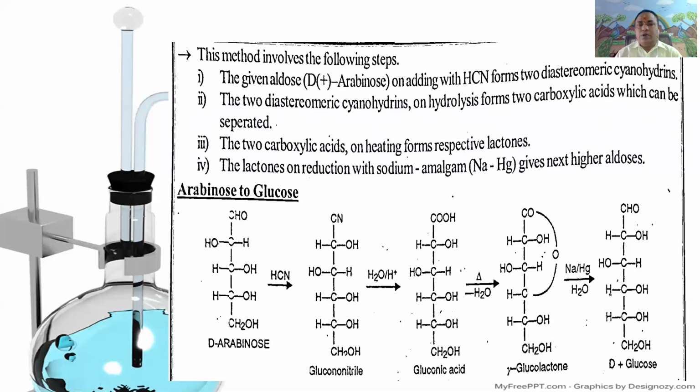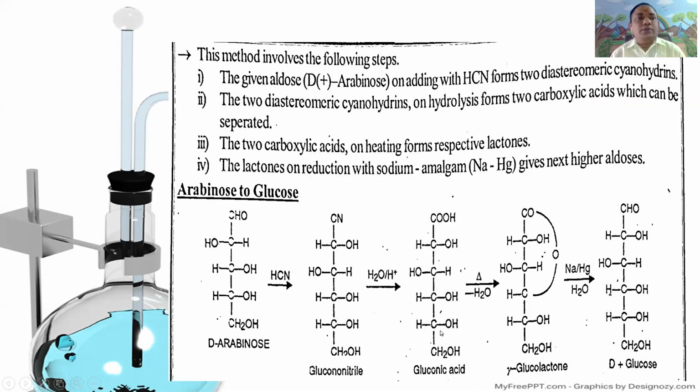That is the second step. The diastereomeric cyanohydrins undergo hydrolysis to give the two carboxylic acids, which can be separated, that is gluconic acid is obtained. Gluconic acid is COOH, CHOH, CHOH, CHOH, CHOH, CH2OH.